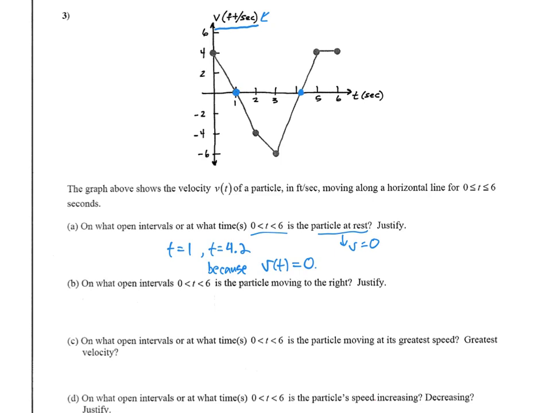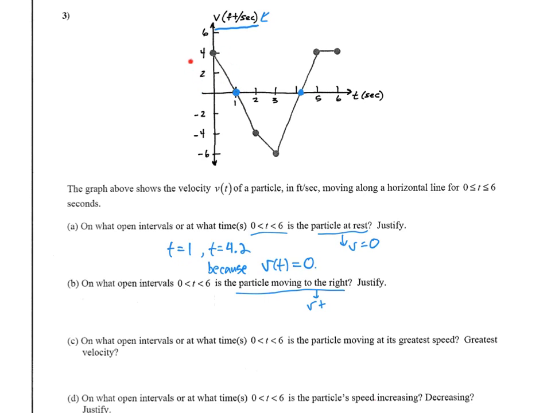The next question asks us to find on what open intervals the particle is moving to the right. This is where the velocity, if you remember, needs to be positive. So if we look at our graph, we're trying to look for places where the velocity is positive. Remember, this is a velocity graph. This section of the graph is negative because it's below the t-axis. This section of the graph is positive because the velocity is above the t-axis.